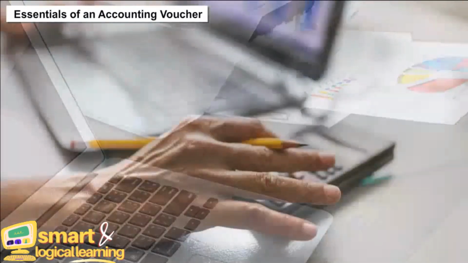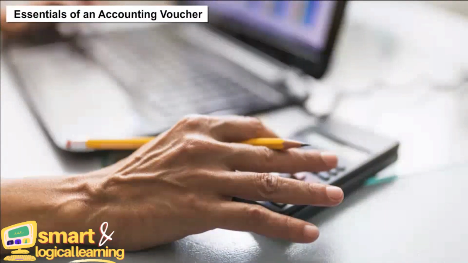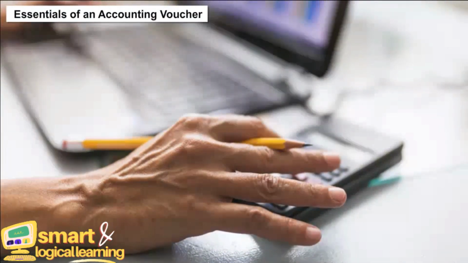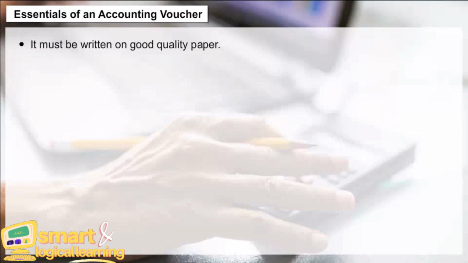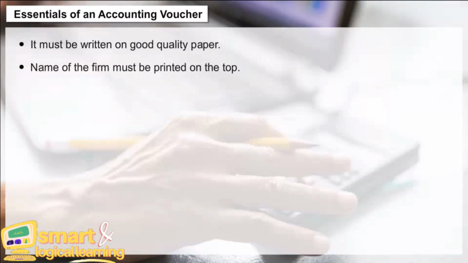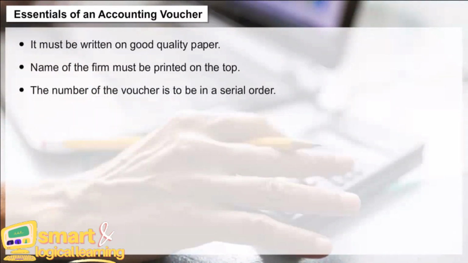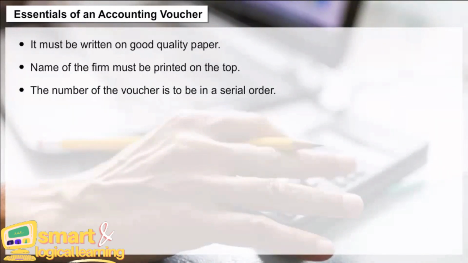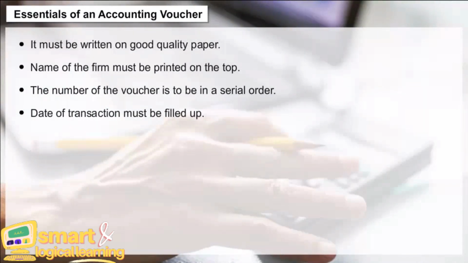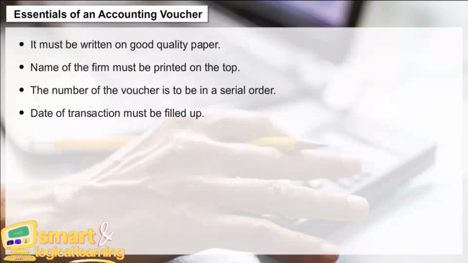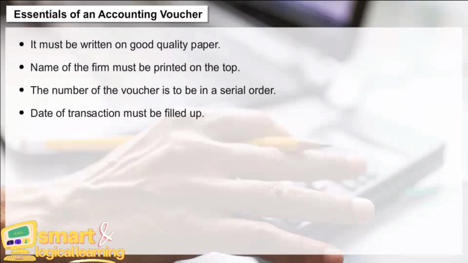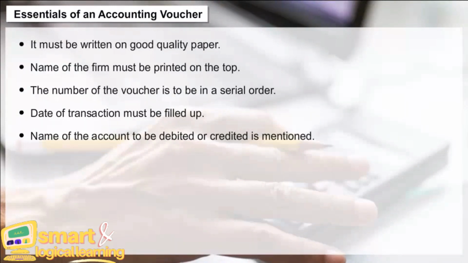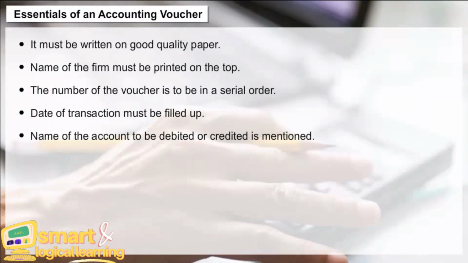Essentials of an accounting voucher. An accounting voucher must contain the following essential elements. It must be written on good quality paper, the name of the firm must be printed on the top, the number of the voucher is to be in serial order, and the date of transaction must be filled up against the date and not the date of recording of the transaction. The name of the account to be debited or credited is mentioned.